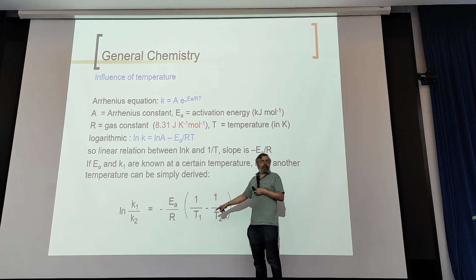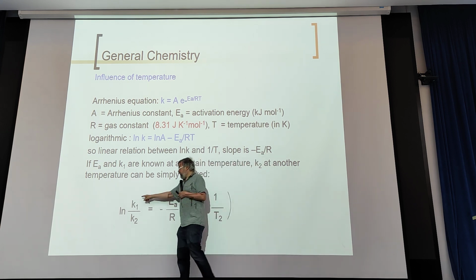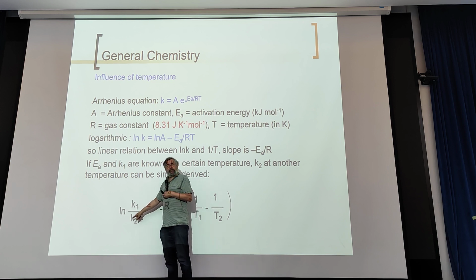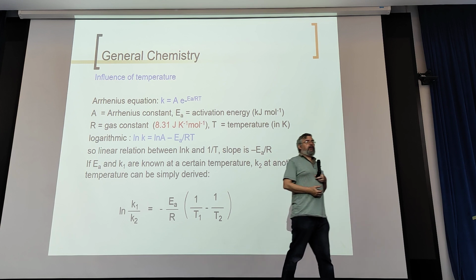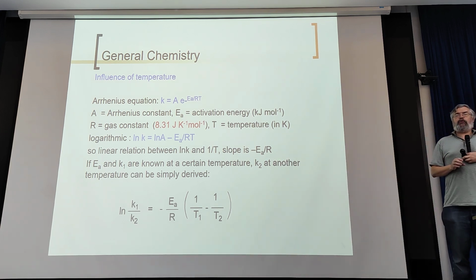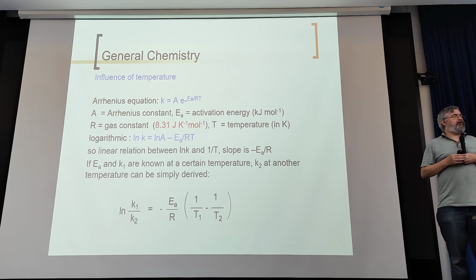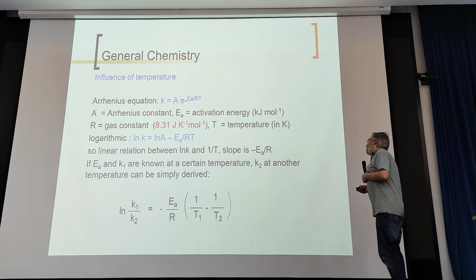For instance, we move from 20 degrees Celsius to 80 degrees Celsius. So the only unknown is k2, and now this can be calculated in that way. So if you have one rate constant, you have them all, as long as you have the activation energy and the temperatures.